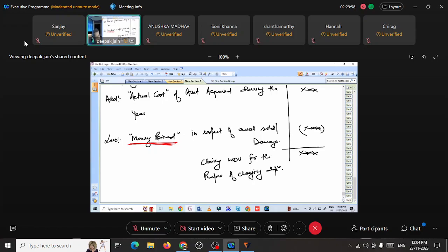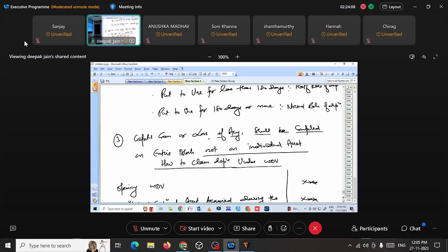So opening WDV, add actual cost of assets acquired during the year, less money received in respect of assets sold. The balancing figure is the closing WDV for the purpose of charging depreciation.